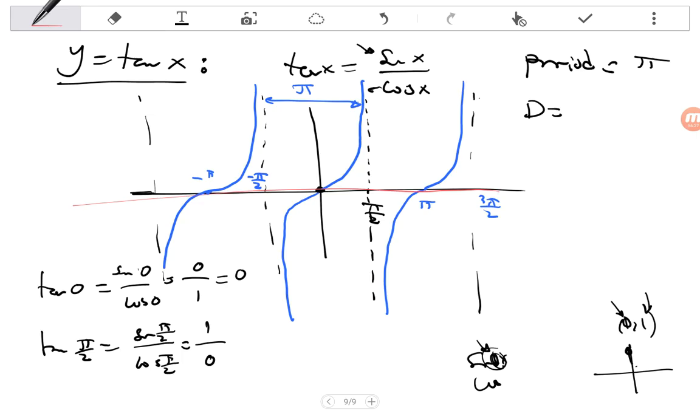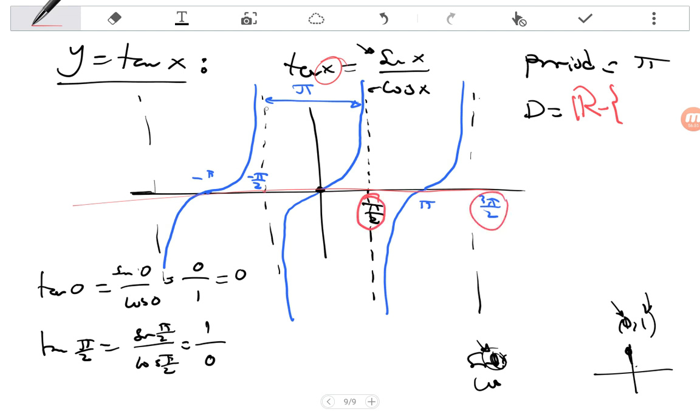We see which values on the x-axis have a curve. Are all the values accepted as an input to tan x? No, there are some exceptions. So it is R except some values. What are these values? Yes, these values.